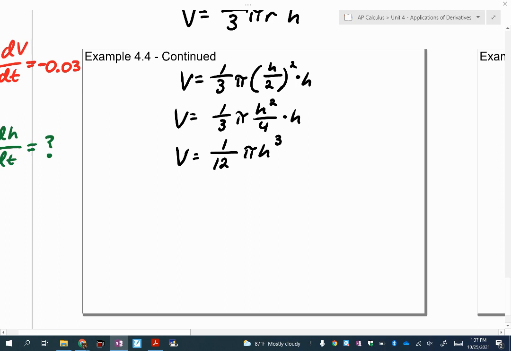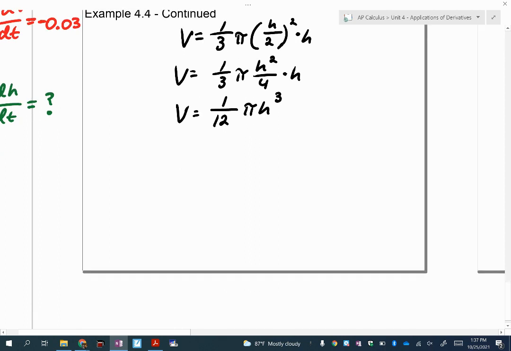Okay? Now, I'm going to take the derivative. So dv over dt equals 3 multiplied by 1/12, which is 3/12, the same as 1/4, times pi, that's just a constant, and then times h squared times dh over dt.